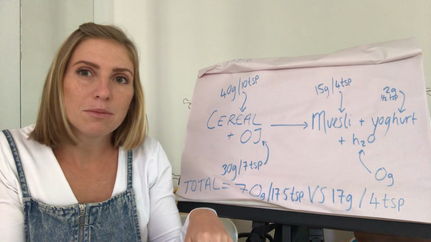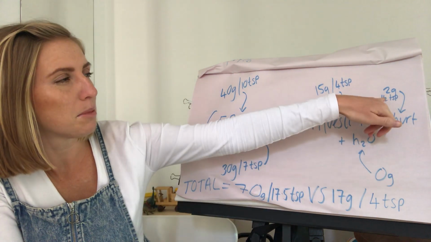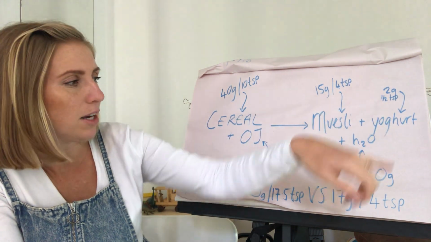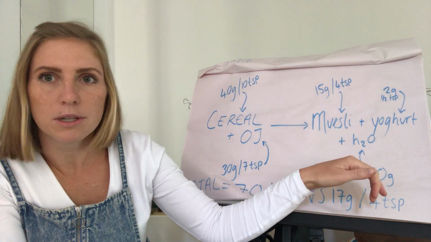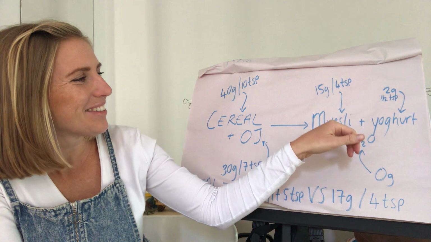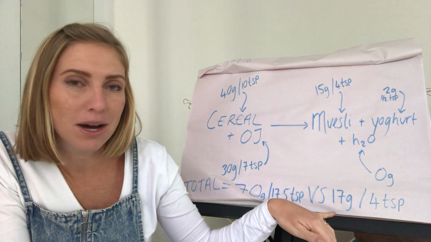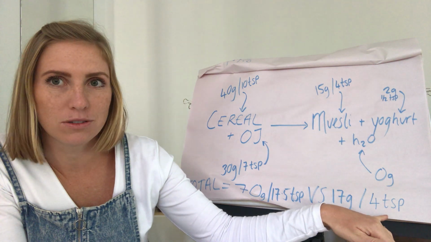And then a couple of tablespoons of yogurt on top, of full fat, lovely Greek yogurt. That's about another 2 grams of carbohydrate. And then having water, because don't have juice. Altogether, that is 17 grams of carbohydrate, which is actually 4 teaspoons of sugar.